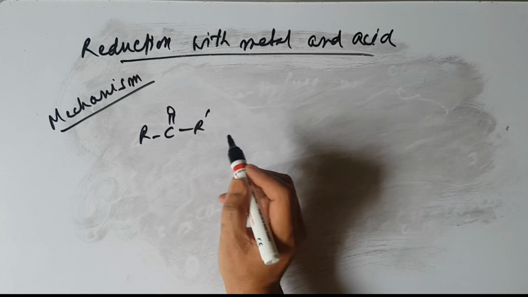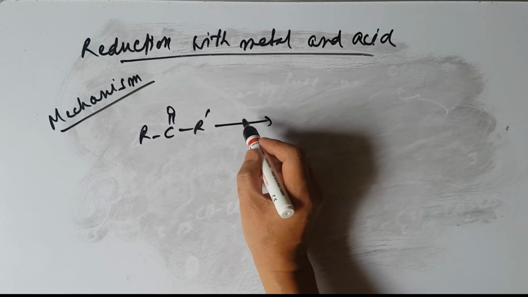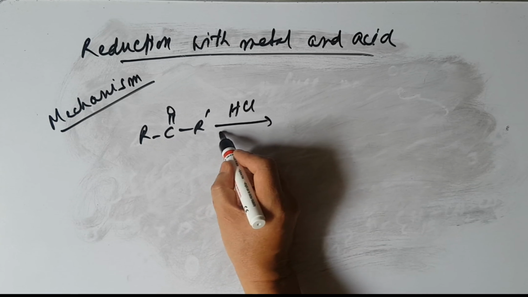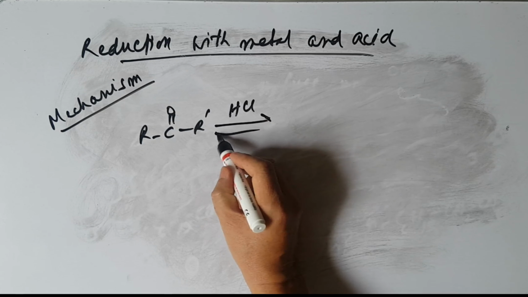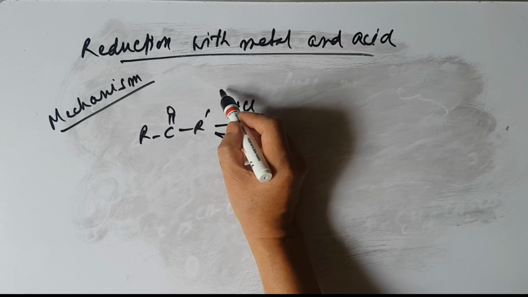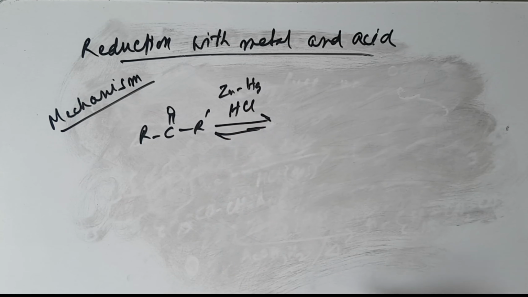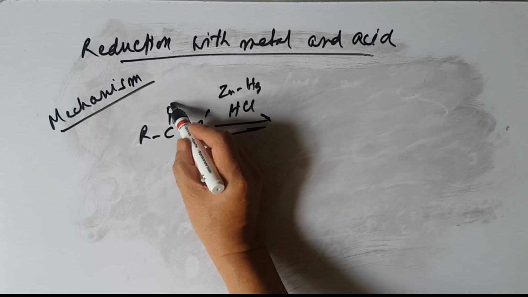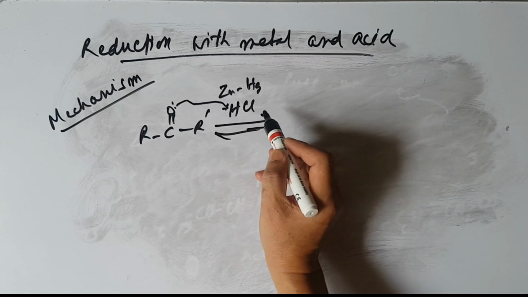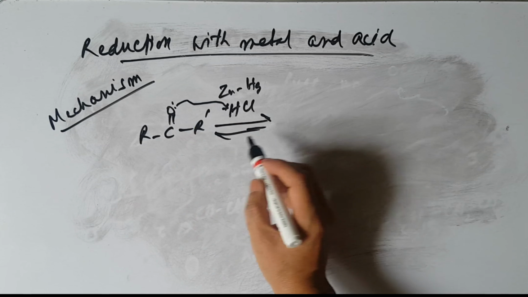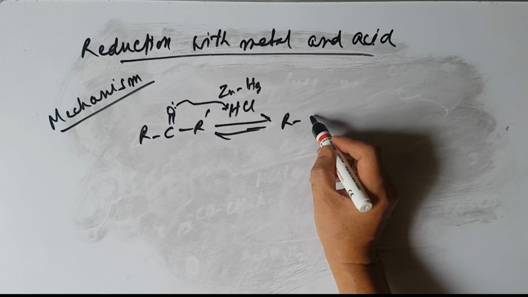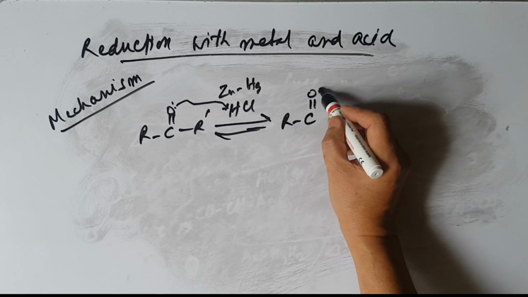First is HCl acid, and then zinc and mercury amalgam. In the presence of HCl acid, the carbonyl is first protonated. Protonation takes place, abstracting the proton from the acid, so it gives a species like this.